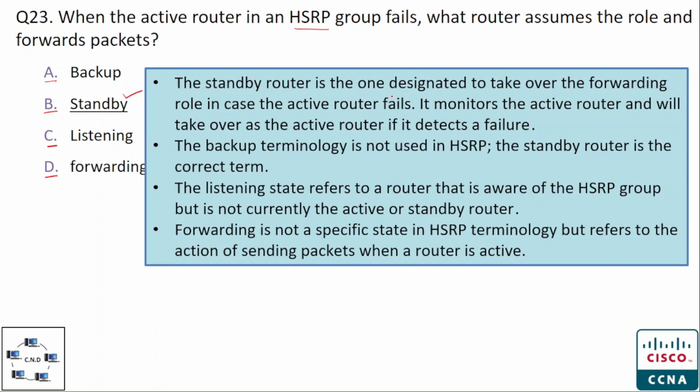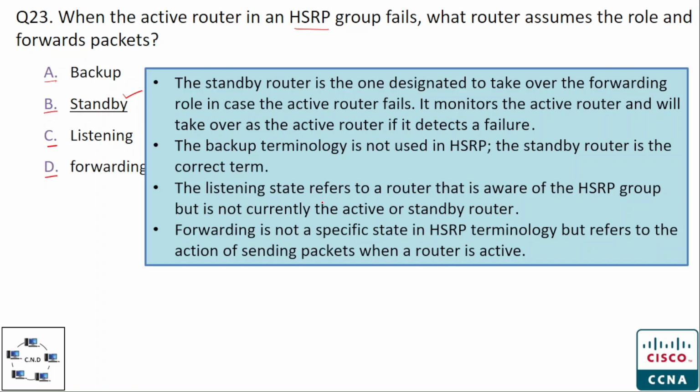The standby router is the one designated to take over the forwarding role in case the active router fails. It monitors the active router and will take over as the active router if it detects a failure. The backup terminology is not used in HSRP. The standby router is the correct term.